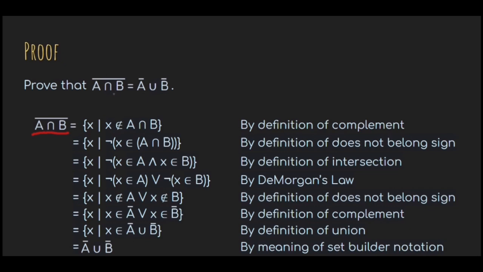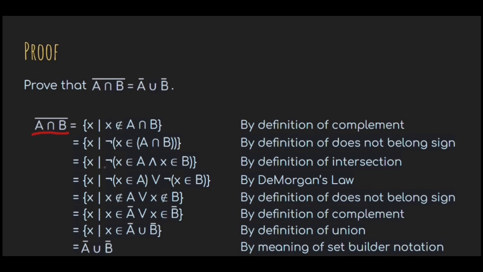Then we have the negation of that. The negation of x belongs to A intersection B is the same as the complement of A intersection B. X belongs to A intersection B, and we're negating that.